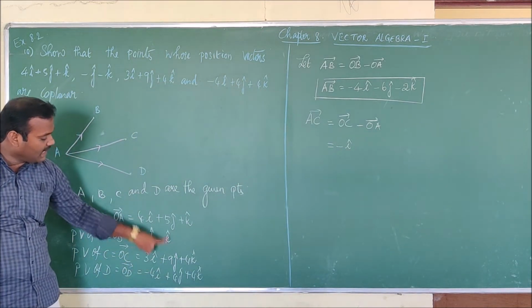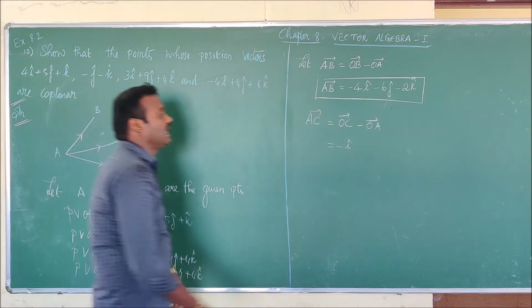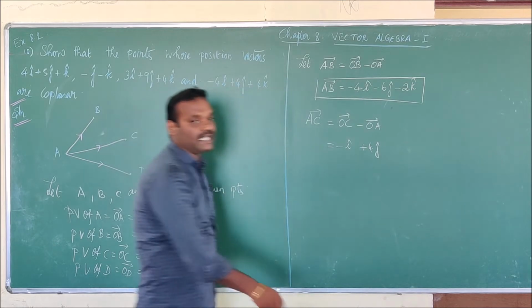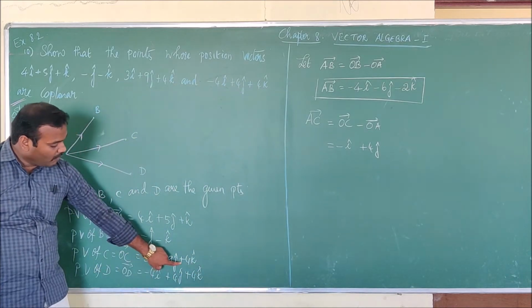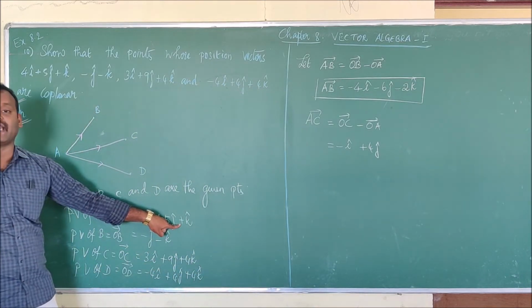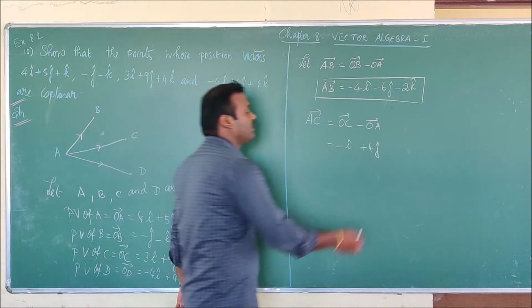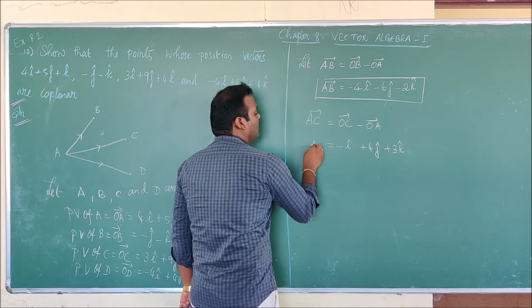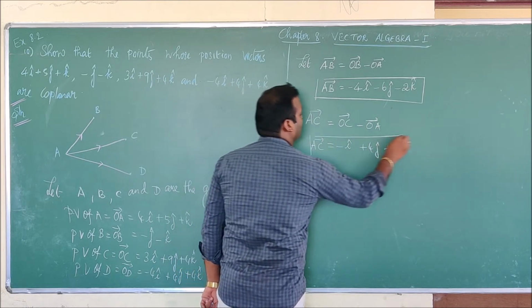Then 9j cap minus 5j cap is 4j cap. Next, 4k cap minus k cap is 3k cap. So this is nothing but my AC vector.